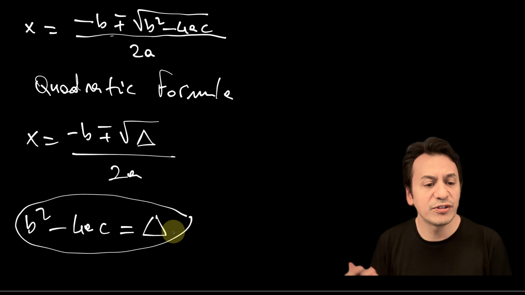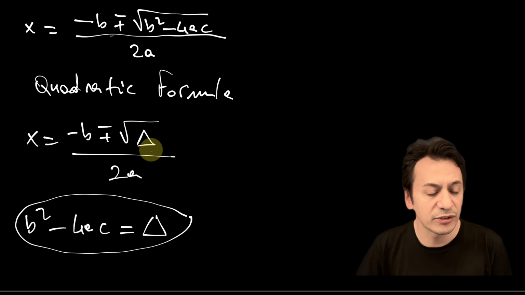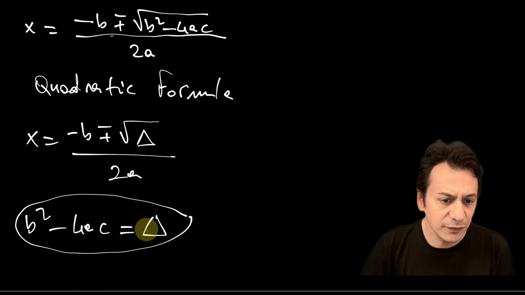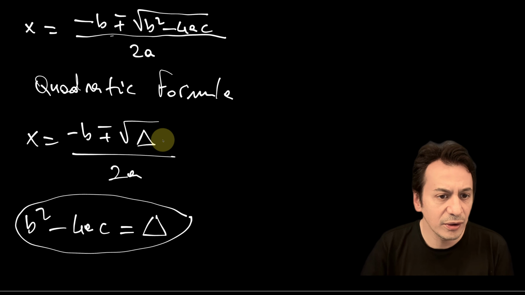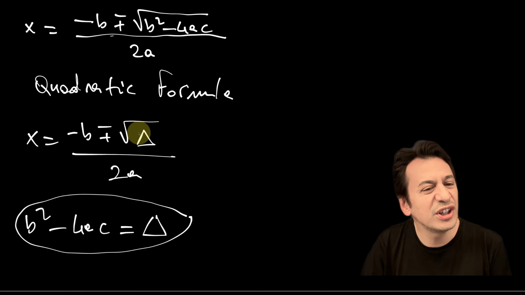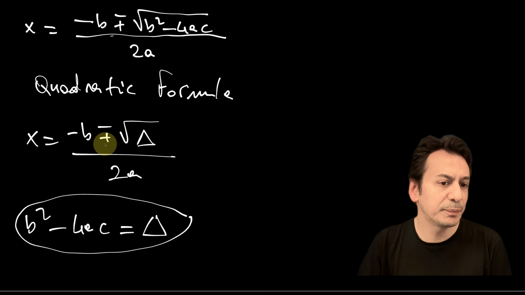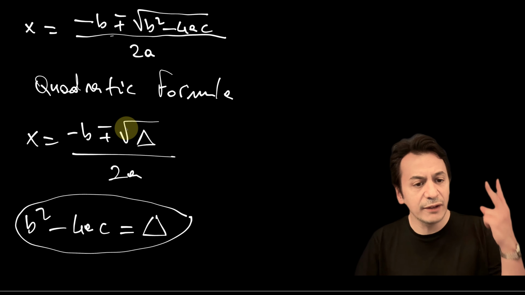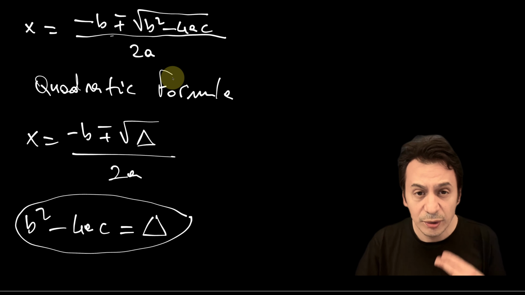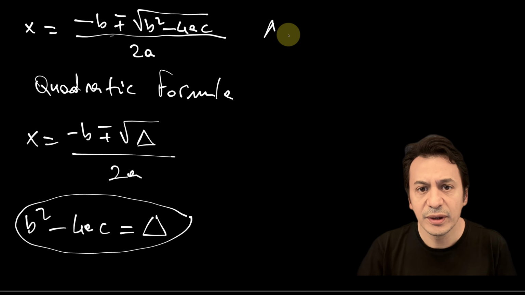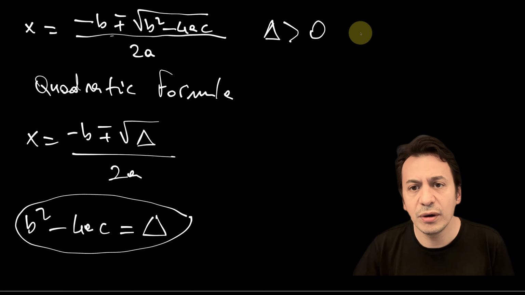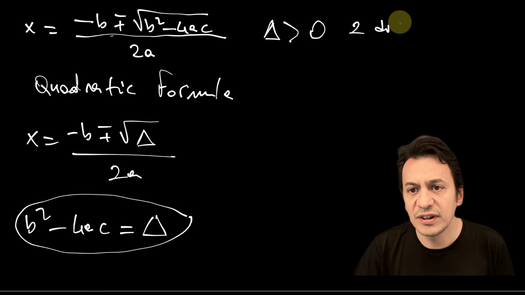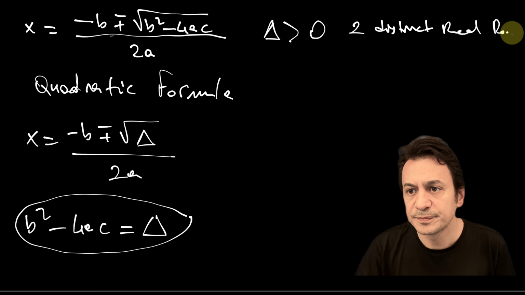You see, now this delta, its relation with 0 has consequences. For example, if this delta is greater than 0, then this will have a real value, and since I added and subtracted, I'll have two distinct real roots. Well, let's write it down. If this one is greater than 0, I have two distinct real roots.